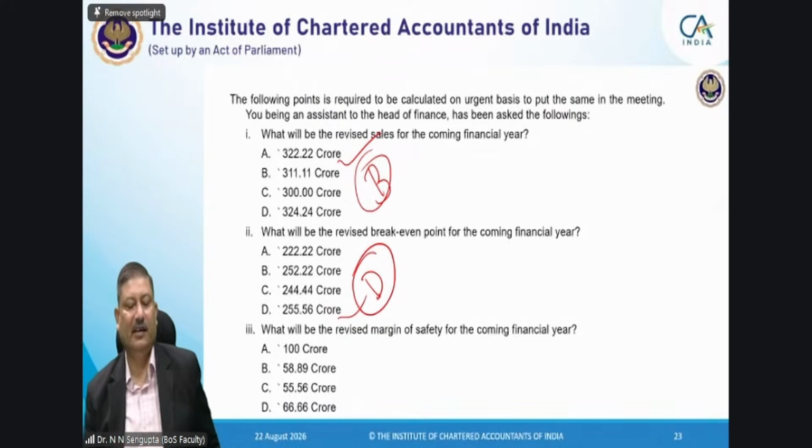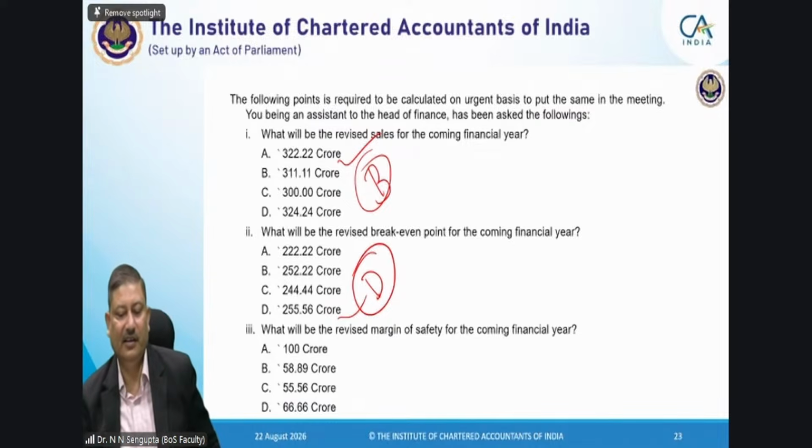What will be the revised margin of safety for the coming financial year? Margin of safety means sales minus break-even point.